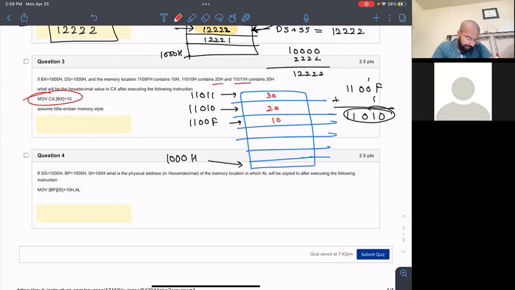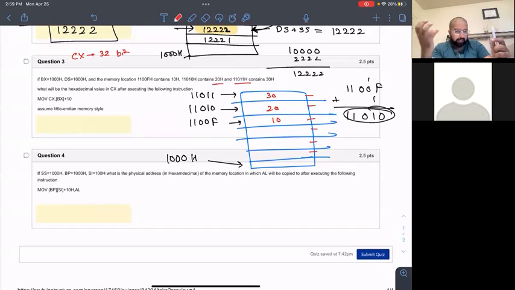So we are moving [BX plus 10] to CX. First of all, we know CX is a 32-bit register, and each of these memory locations is 16 bits long. What does this tell us?